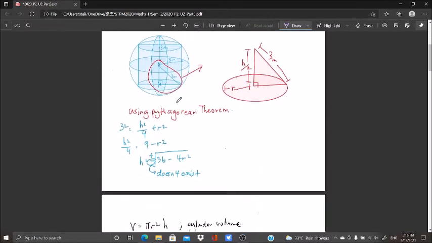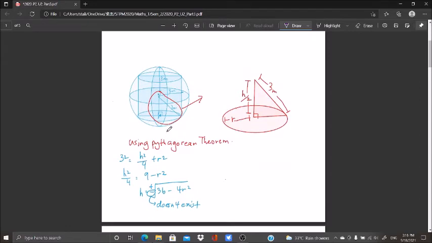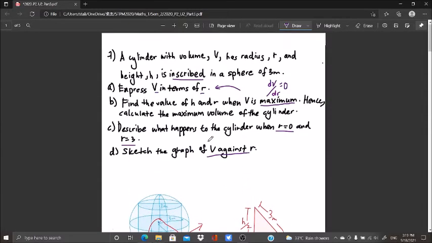Express V in terms of R. We must use the Pythagoras theorem. We take the lower part of our sphere. From the central point of the sphere to the touching edge of the cylinder on the internal surface of the sphere is the radius, and we know the length of the radius is 3 meters.